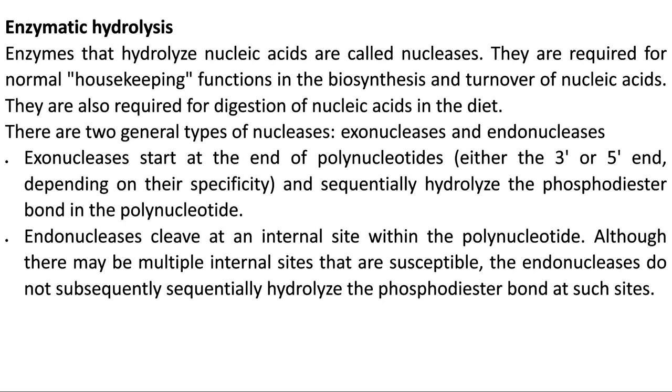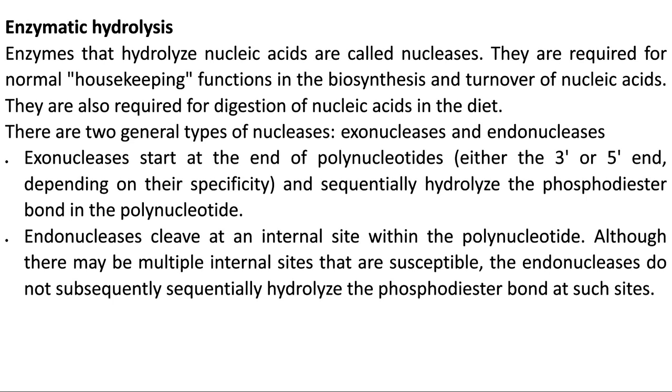Now, the second one is the endonucleases. As the name implies, endo, it means that the cleavage is at an internal site within the polynucleotide sequence. Although there might be multiple internal sites they are susceptible to, endonucleases do not sequentially hydrolyze the phosphodiester bond.